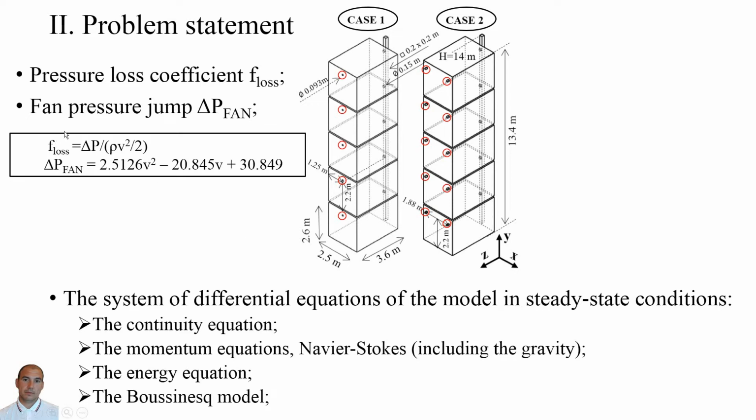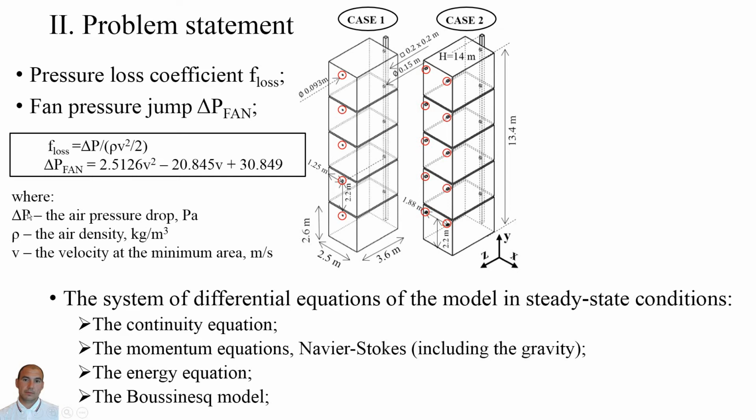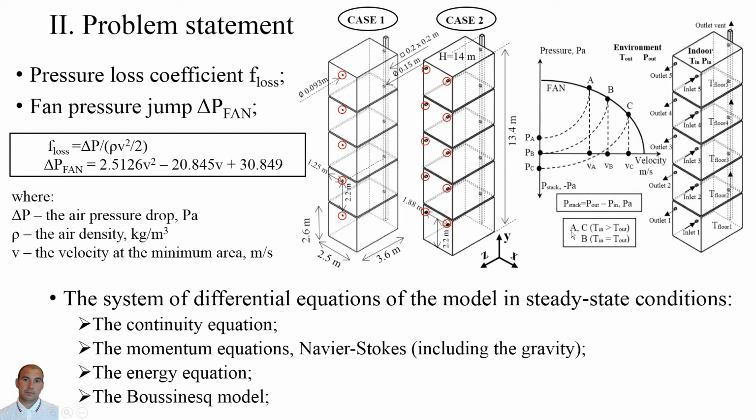The air handling unit is modeled as an individual domain with a constant pressure loss coefficient, which describes the resistance of the system, and the equation is shown on the screen, where delta P is the pressure drop, ρ is the airflow density, and V is the velocity at minimum flow area. And the fans are specified as a polynomial function, the relationship between the fan pressure jump and velocity.